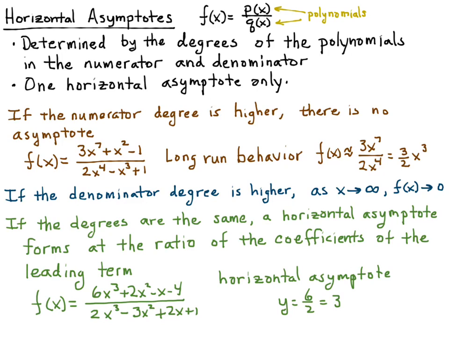Yes? So if the denominator is higher, then the horizontal asymptote would be 0? Yeah, the long-term behavior is going to go to 0, and so you have a horizontal asymptote of 0.